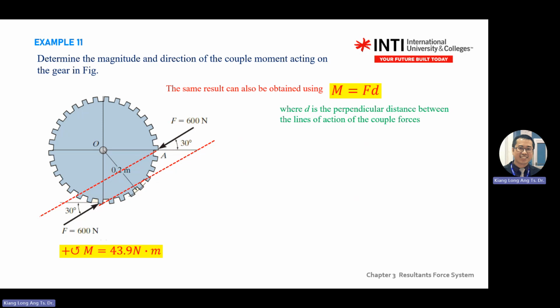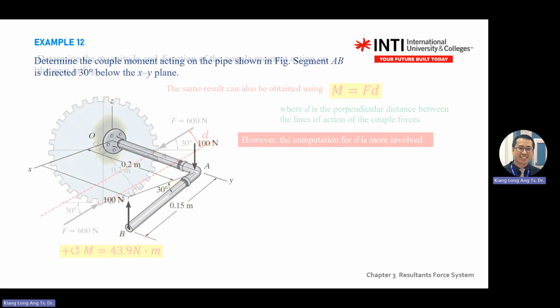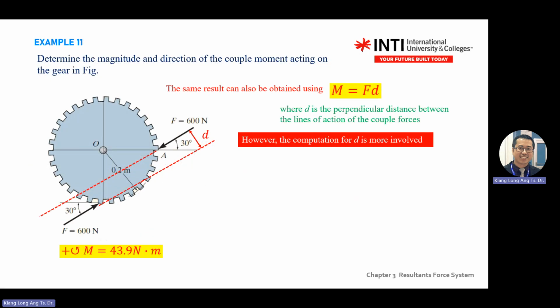But you will need some trigonometry calculation if it's on a round body. So if you take force 600 multiplied by the distance of this one, there is a trigonometry calculation. You will arrive at the same answer. Okay, you go and find it. So of course we don't like this method.